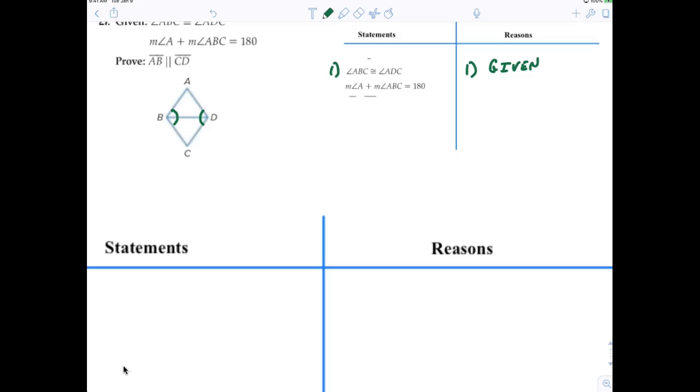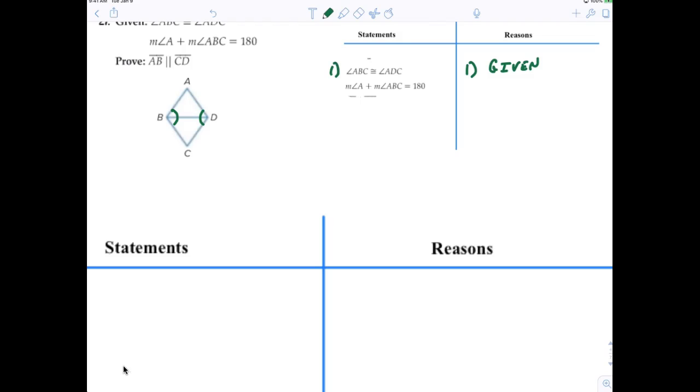And then it says the measure of angle A plus ABC is equal to 180. So I think they're kind of forcing us to use what? Consecutive interior angles.